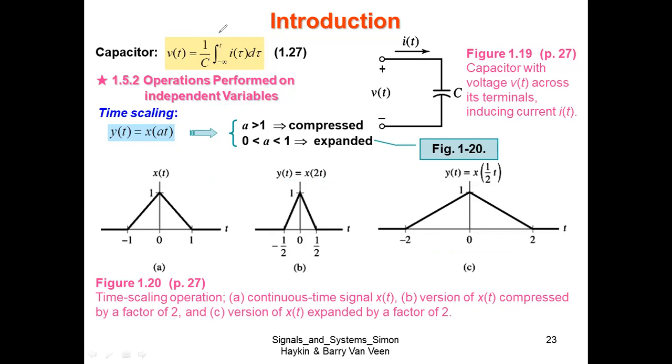Once again, say I have this signal, from minus 2 to 2, and this is x of t.